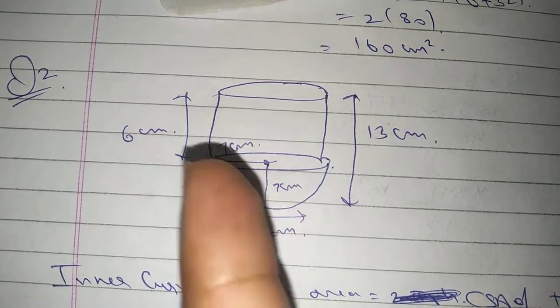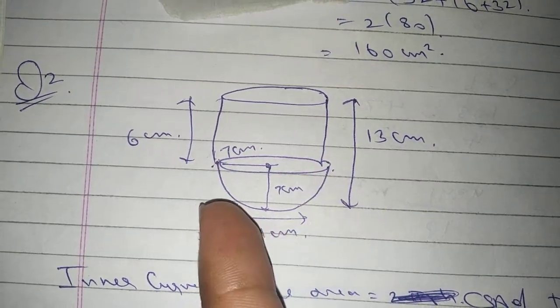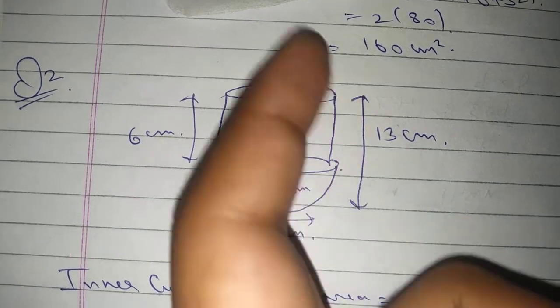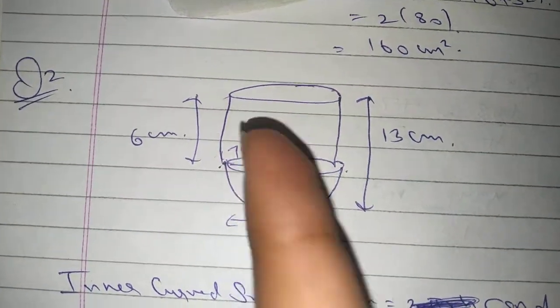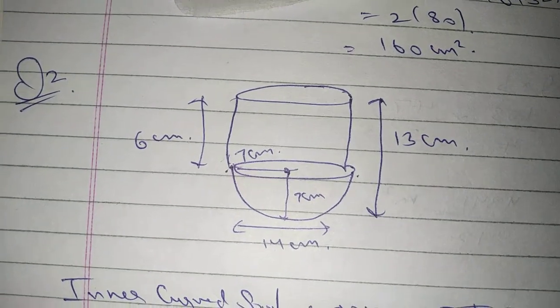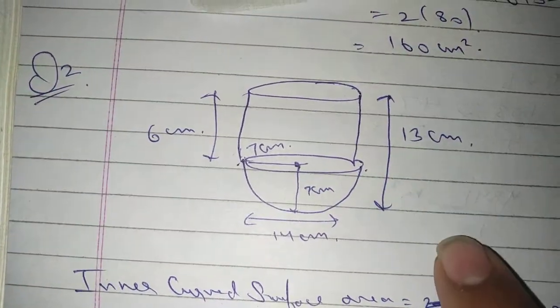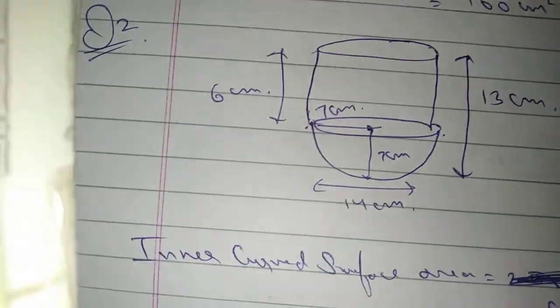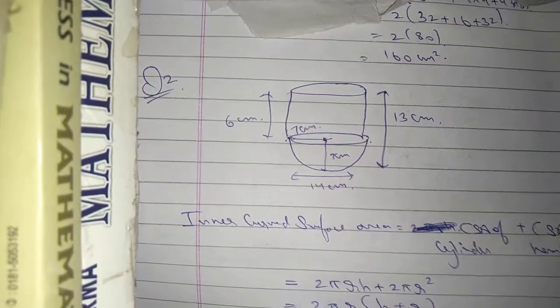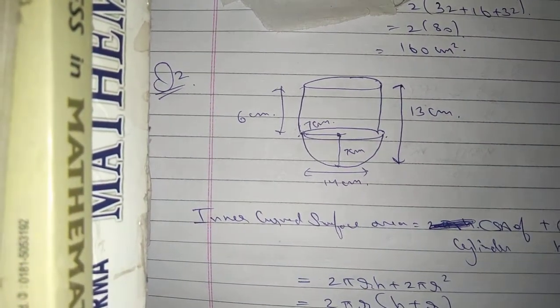Downward a hemisphere is there, then after that, as stated, a hollow hemisphere mounted by a hollow cylinder. So first the hollow cylinder is there, this one cylinder and this one hemisphere. Now what is the total height? Total height is 13 centimeter.